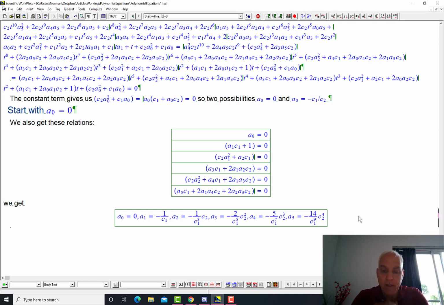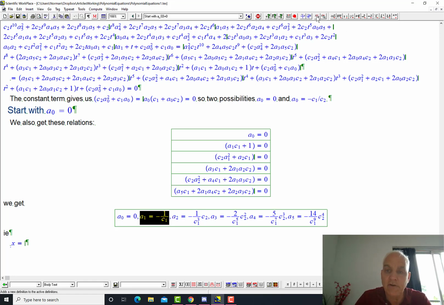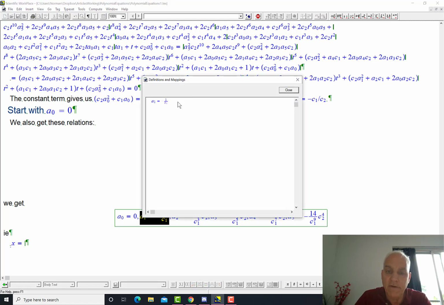So what is this? A0 is 0, so now we can write down what x is. But the way I'm going to do this, just to show you something else, I'm going to use a definition. So I'm going to select this, and make this definition up here. Okay, that's a new definition. And here are all the definitions. There's only one definition, which is that a1 equals minus 1 over c1.